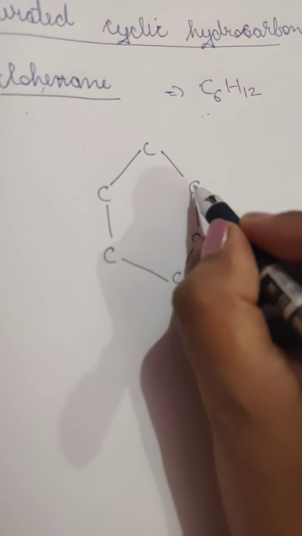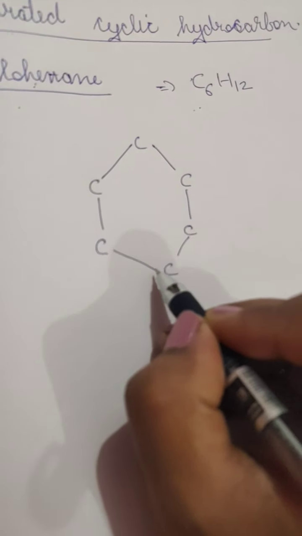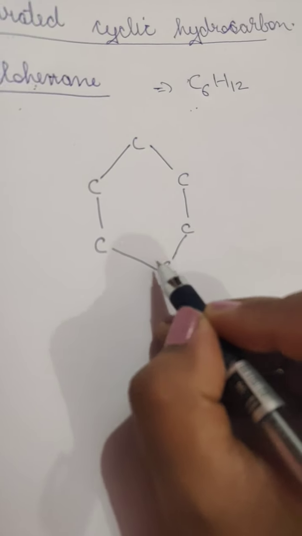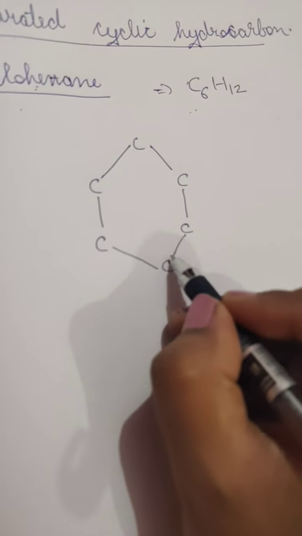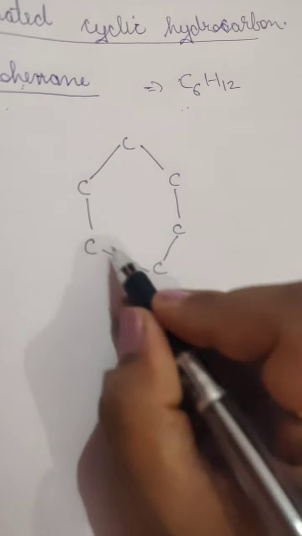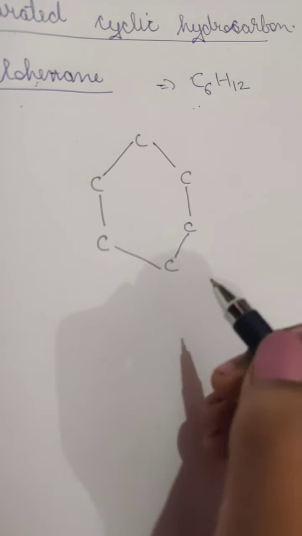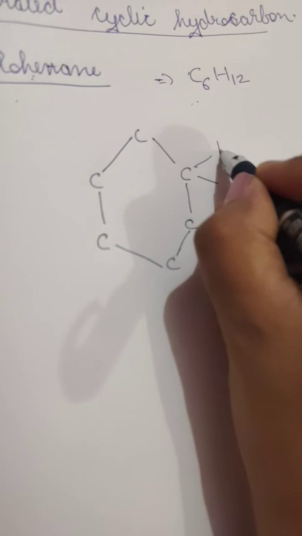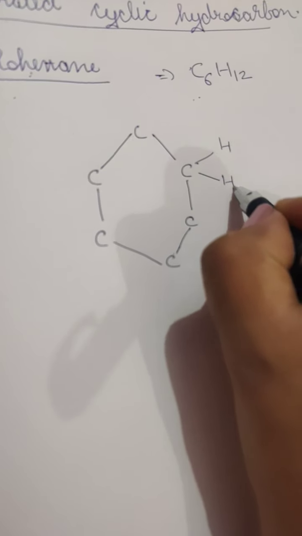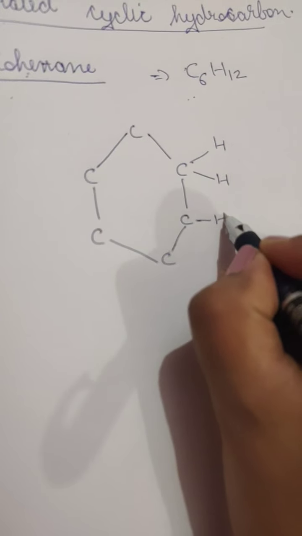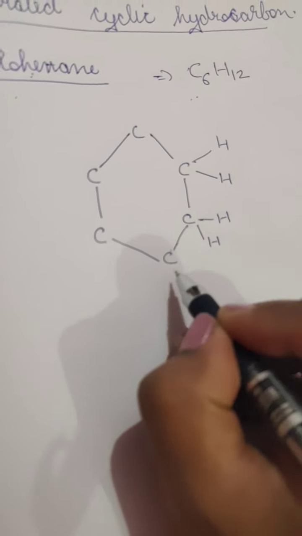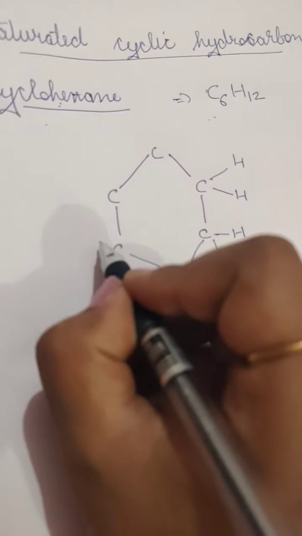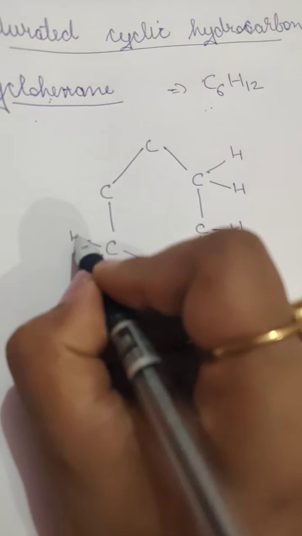Since here each carbon has two bonds, it is sharing two, one from here and one from here. So 2 electrons are shared, 2 are left, so the other 2 will be shared with hydrogen. That is why it's 12 hydrogen. Each carbon will have 2 hydrogens sharing, and here also.